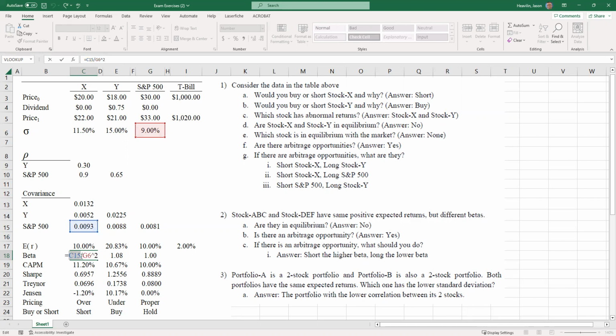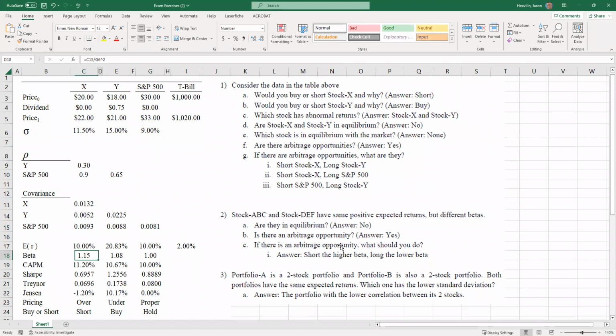That's why in here, you see the formula has G6 squared, because it's divided by the variance of the S&P 500. I'll repeat. I want the beta of X. So I'm going to use the covariance of X with S&P 500 divided by the variance of the S&P 500, which is the same as saying standard deviation squared. Keep in mind the difference between variance and standard deviation.